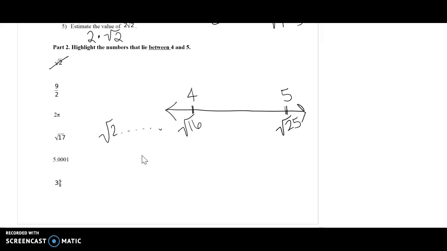How about 9 halves? Well, this is the same as 9 divided by 2, which is 4.5. Is that in between the numbers 4 and 5? This number is 2 pi, which means 2 times pi, which is approximately 2 times 3.14, which is about 6.28. Is that in between the whole numbers 4 and 5?